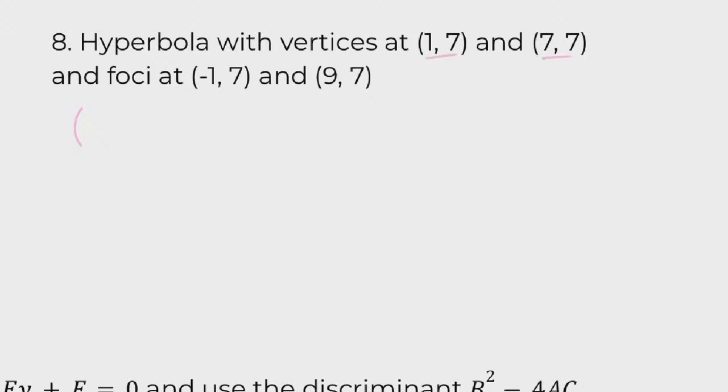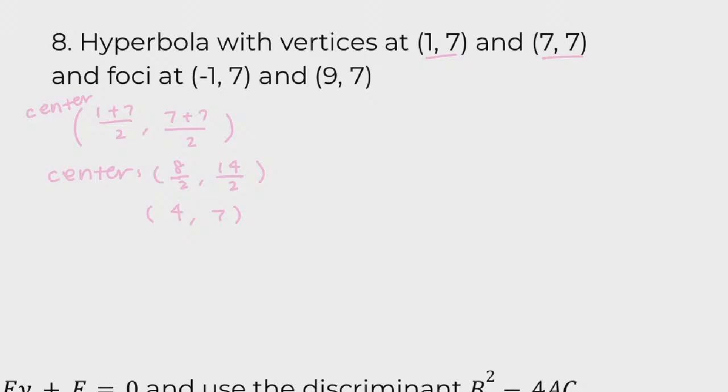We can just take these two and find the midpoint. So 1 plus 7 over 2 and 7 plus 7 over 2. This is the center. So that's 8 over 2 and 14 over 2, which is 4 and 7. So the center is going to be at (4, 7).